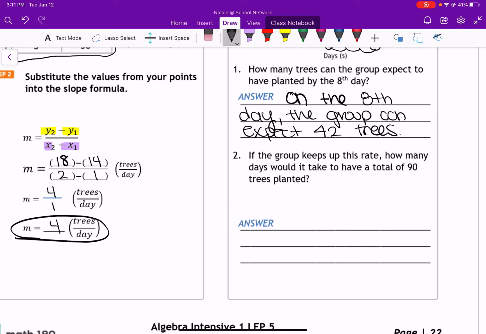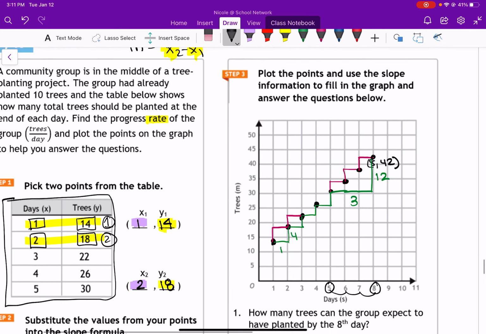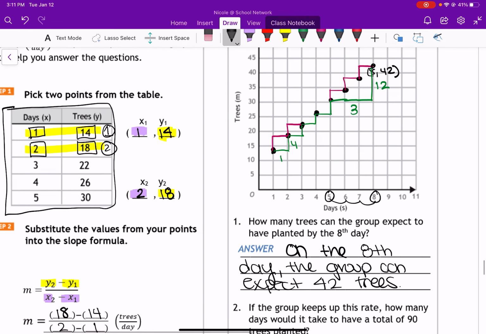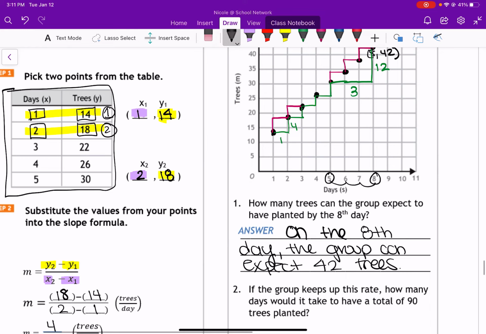So if the group keeps up this rate, how many days would it take to have a total of 90 trees planted? So here, where do we start? We started after 1 day, we started at 14. So we want to get to 90.